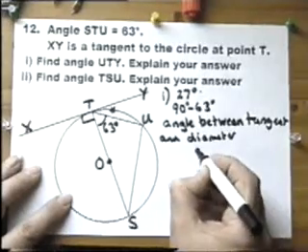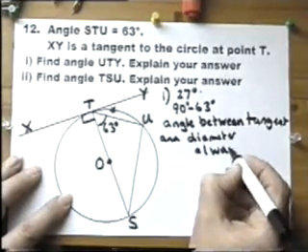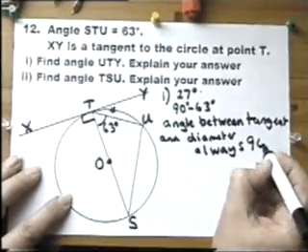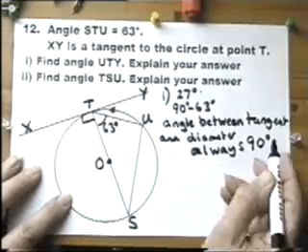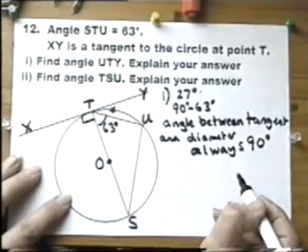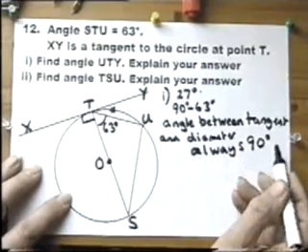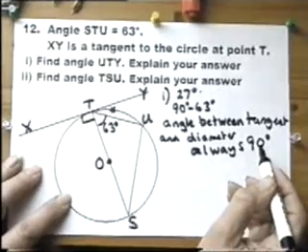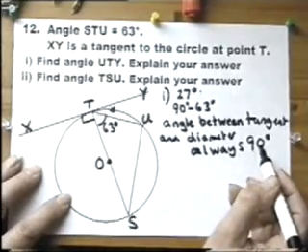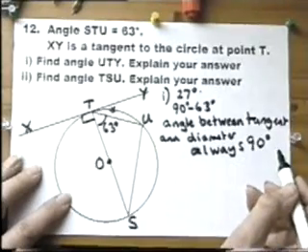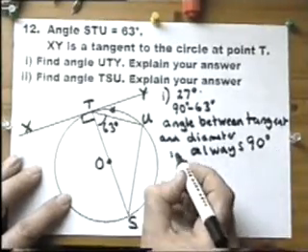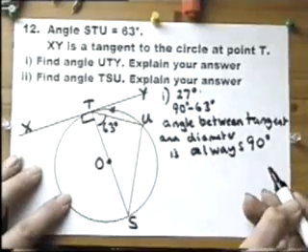Always 90 degrees. Now when you write down these reasons, they don't have to be long-winded essays, just enough information that tells the examiner you do fully understand the circle theorem you're using. So that's okay. Angle between a tangent and diameter is always 90 degrees if you like.